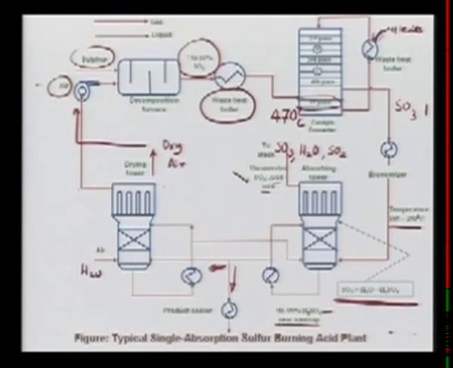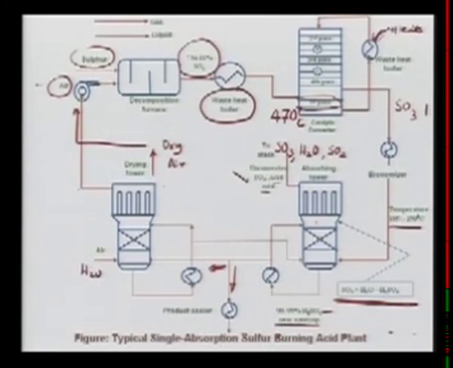We do the conversion in various steps to SO3. SO3 comes out, and sulfuric acid at a particular strength is recycled, becoming more and more concentrated. Part of it goes out as product, and part goes to the drying tower used for drying the air, because this air may have moisture. If we had not removed the moisture, it would also be present here.